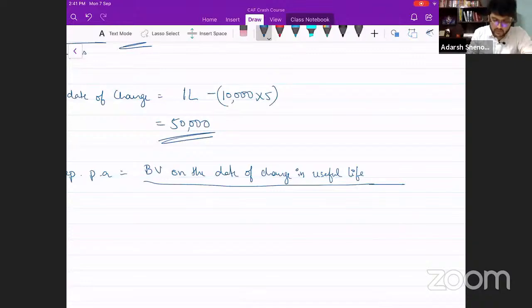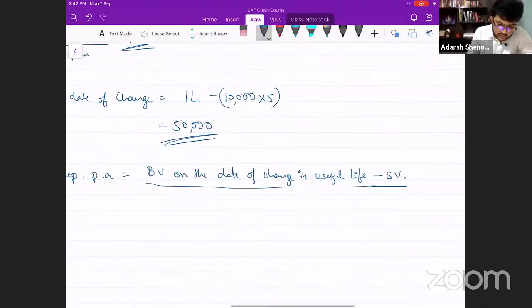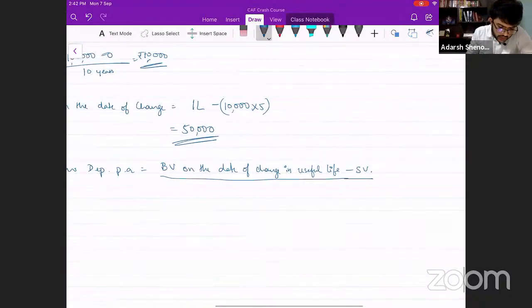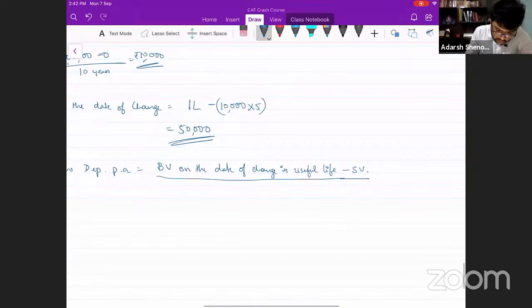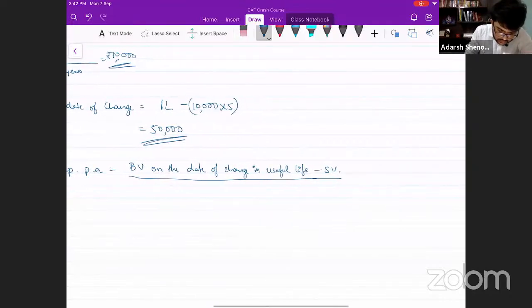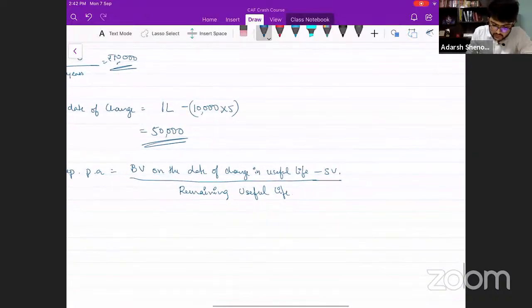But if there is no scrap value, nothing. If there is any scrap value given in the question, we have to minus it for depreciation calculation, divided by remaining useful life as per the new estimation.